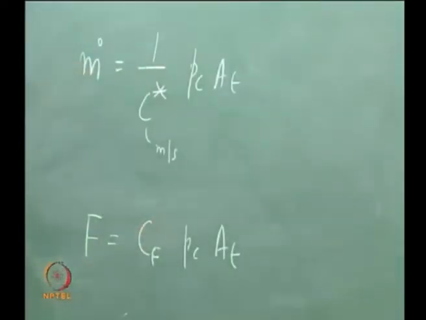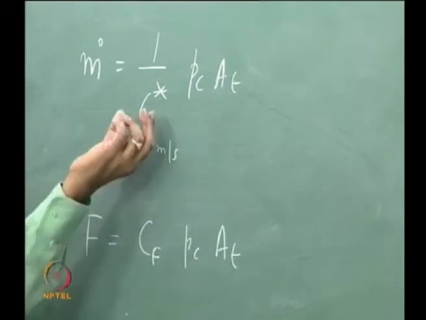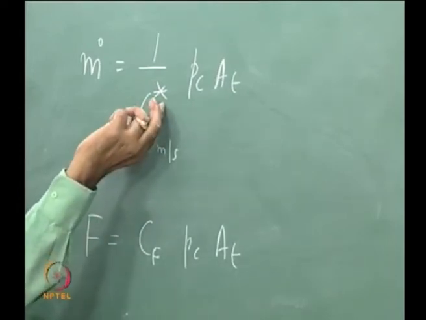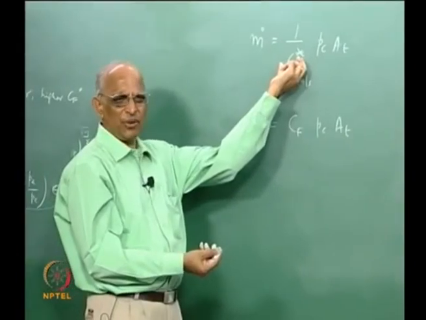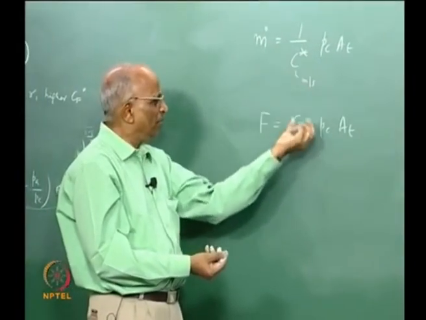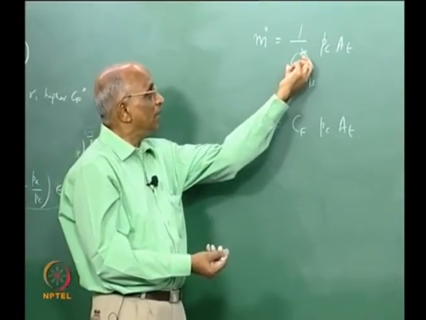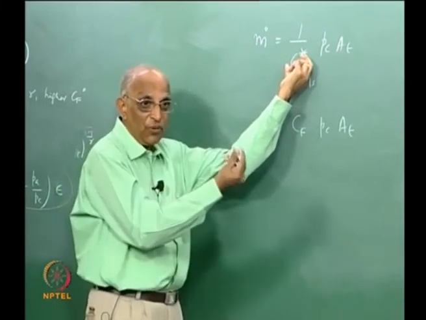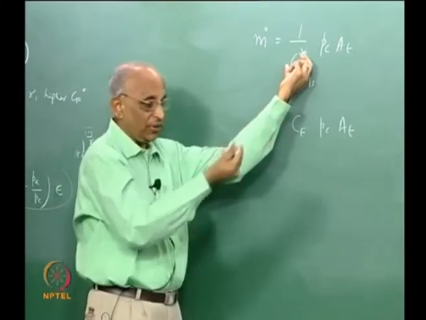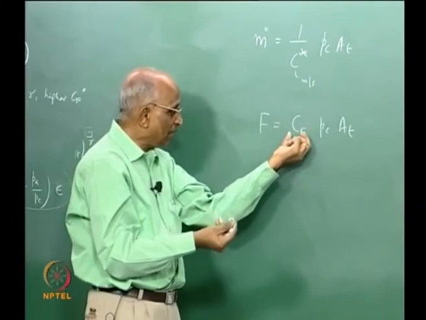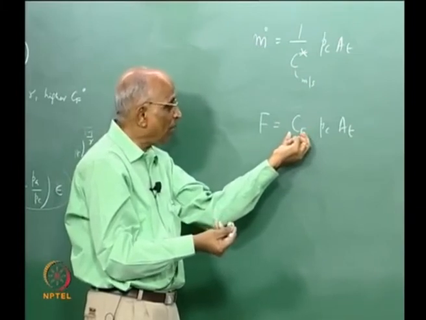Two simple expressions. Therefore, whenever we make a nozzle, we go and evaluate the nozzle for its C star, but C star does not come from the nozzle. We will see why. Because we are talking of the transfer function between mass flow rate and the chamber pressure, whereas the thrust coefficient tells me what a nozzle is doing.